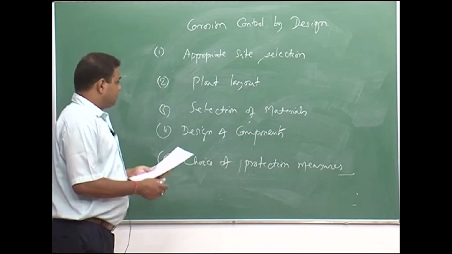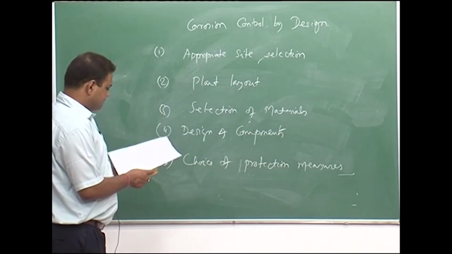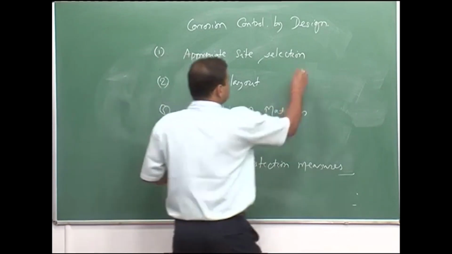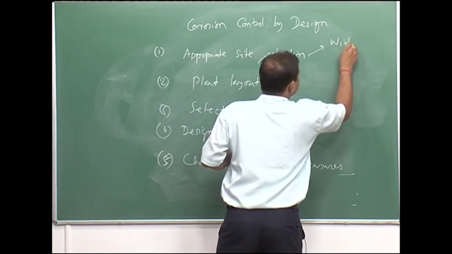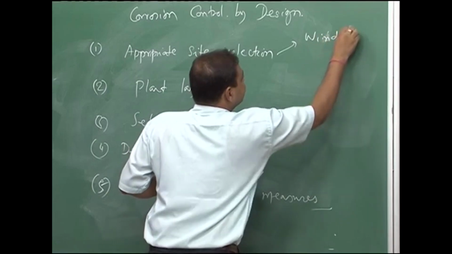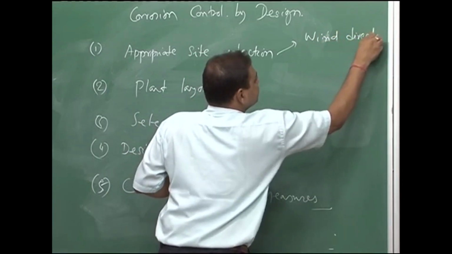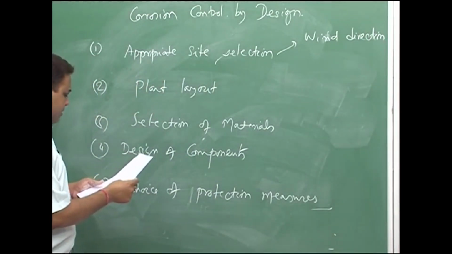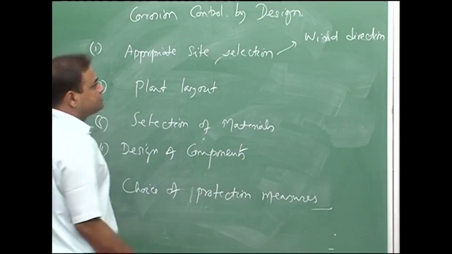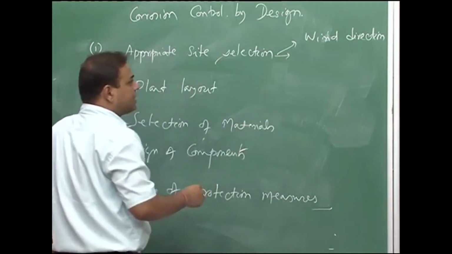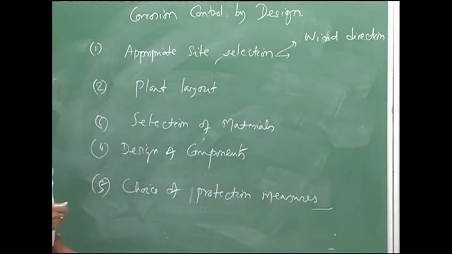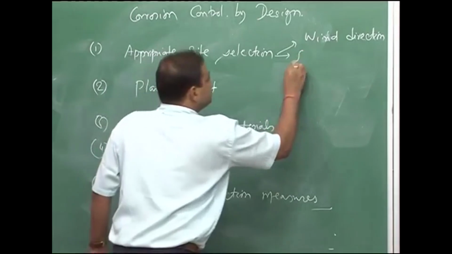Now, for example, the location of plant, we should think about direction of winds, wind direction. We can think of whether the location contains a lot of saline particles, whether the salinity of the environment is more or not.